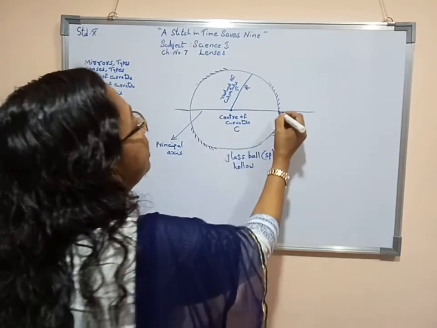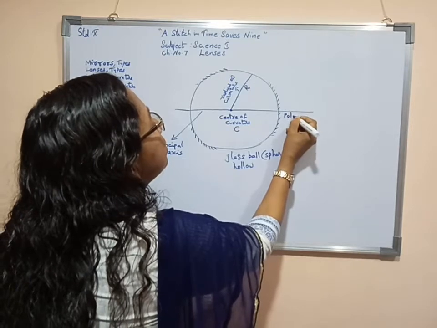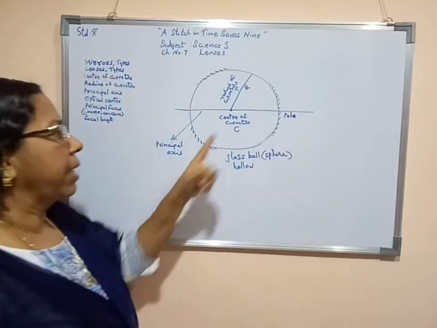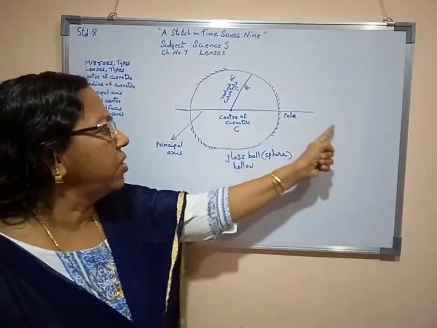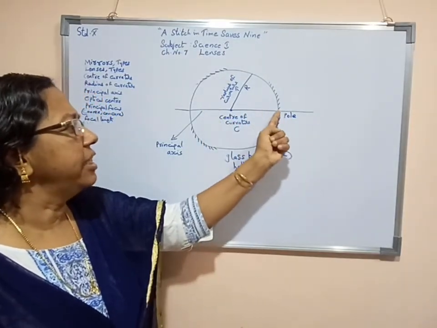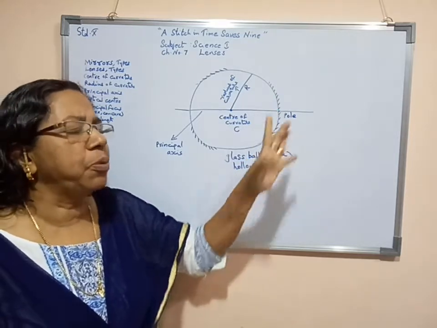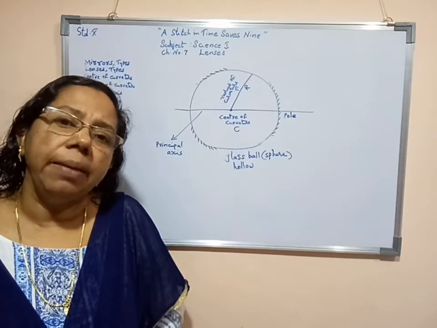So we can say that this point is the pole of the mirror, because through the center of the mirror this line is passing. That point is known as the pole of the mirror.